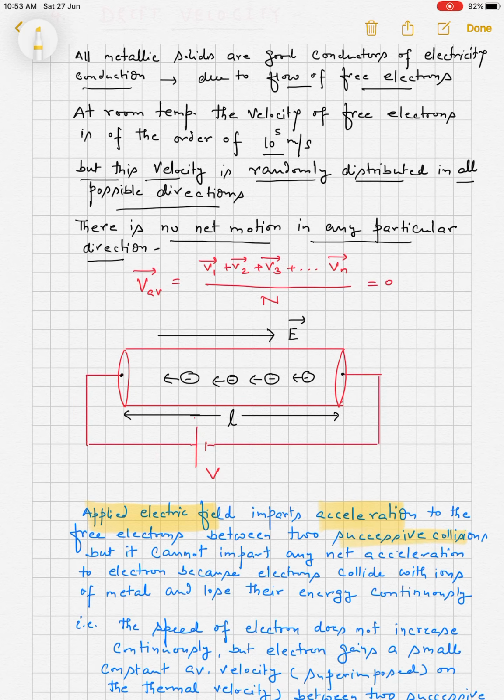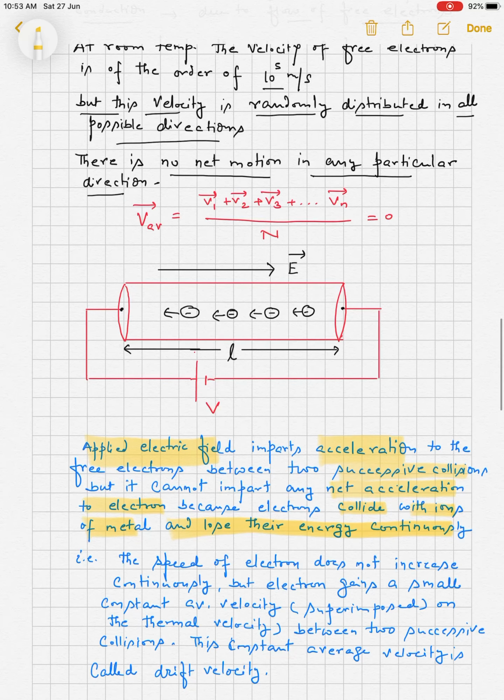But it cannot impart any net acceleration to the electron, because the electron collides with ions of the metal and loses its energy continuously. So the speed of the electron does not increase continuously. It is the important thing.